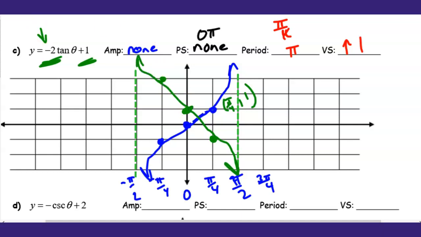So that blue line doesn't exist anymore, so let's get rid of it. And then you just continue that process. You go over past the next asymptote and do it again. There's an asymptote. There we go, and there's our asymptote.